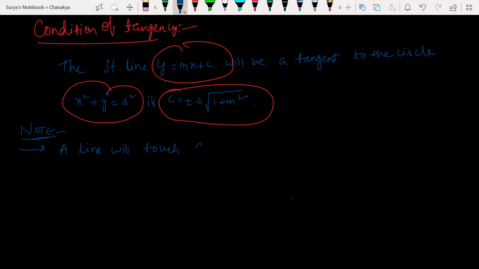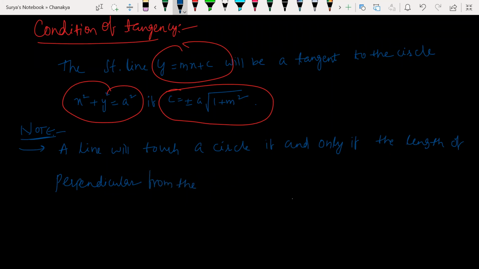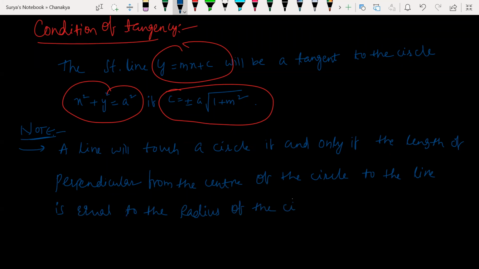A line will touch a circle if and only if the length of the perpendicular from the center of the circle to the line is equal to the radius of the circle. Clear? So let me write here.